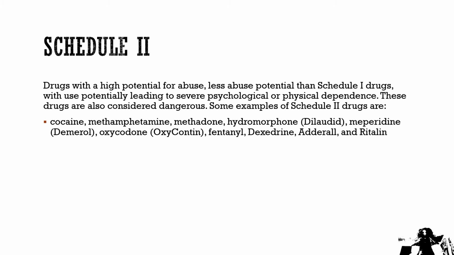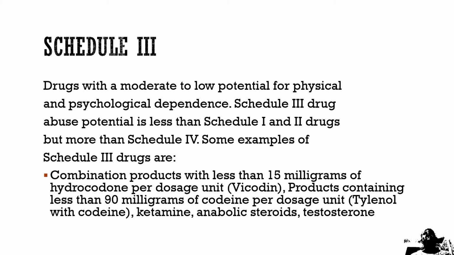These drugs are also considered dangerous, and some examples of Schedule 2 drugs include cocaine, methamphetamine, methadone, hydromorphone or Dilaudid, Demerol, oxycodone, Oxycontin, fentanyl. Fentanyl, yes, fentanyl is a Schedule 2, not a Schedule 1. Dexedrine, Adderall, and Ritalin. You're starting to see a pattern here.